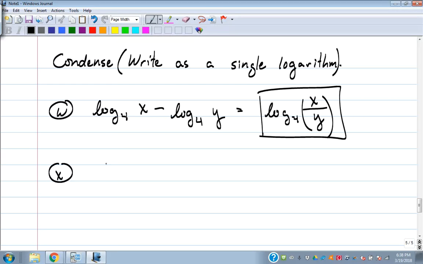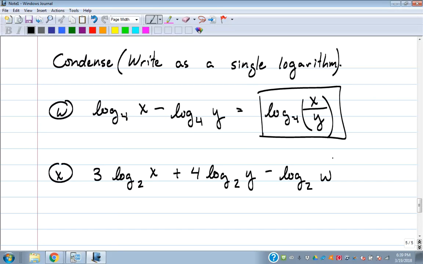Let's throw a little bit more at it. So 3 of them there. I see plus signs, I see minus signs.